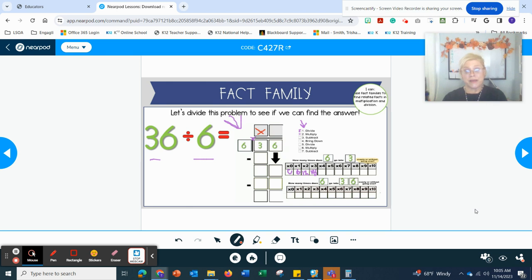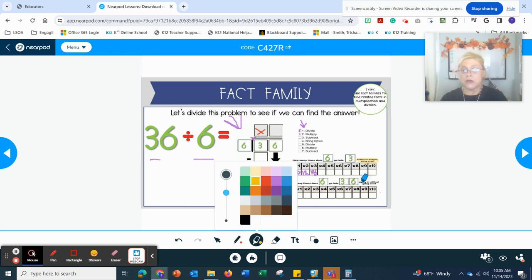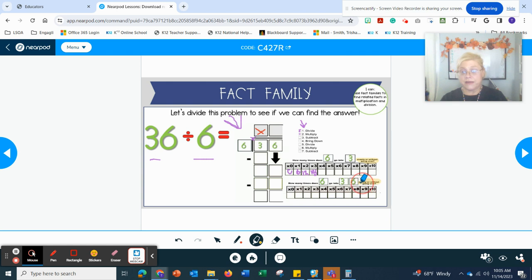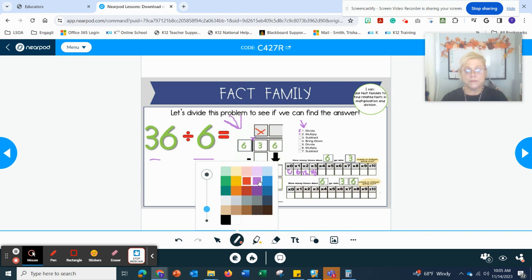We cannot go over 3. So let's go down to the next number. How many times can 6 go into 36 without going over 36? That's your key. Let's go through this.